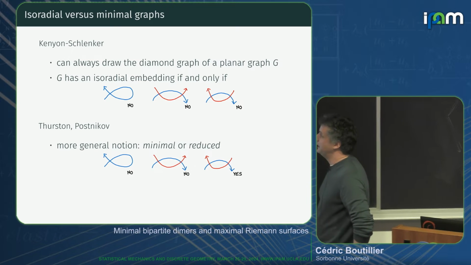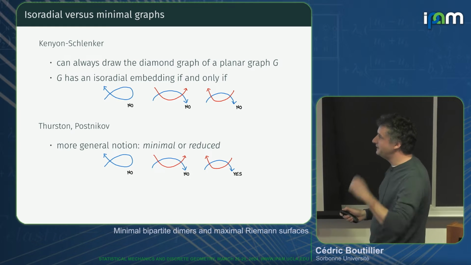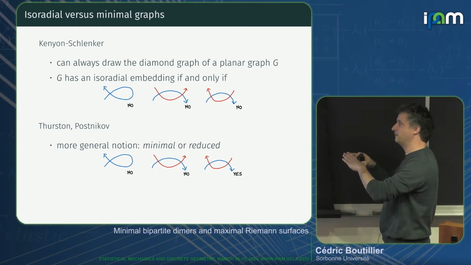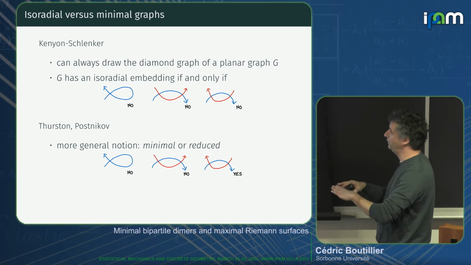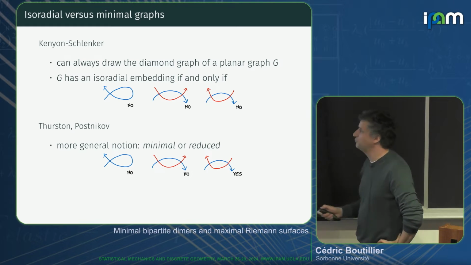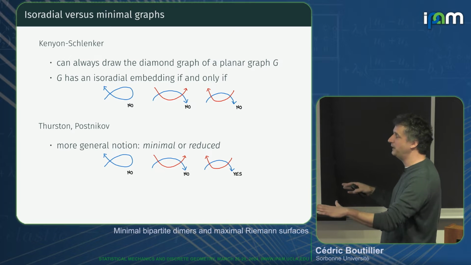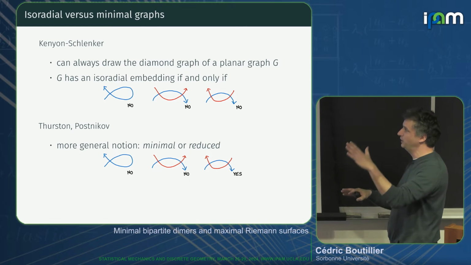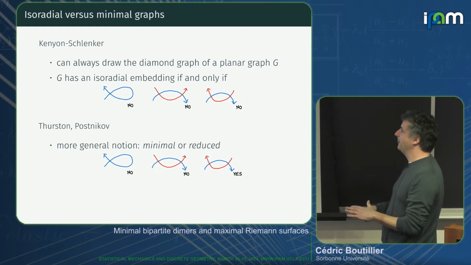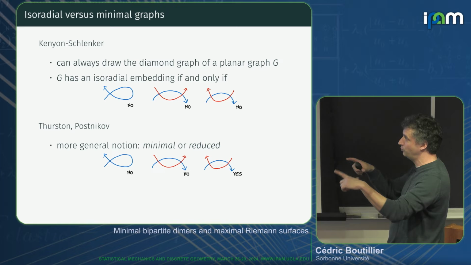So in fact, this isoradiality condition, which was a geometric condition on the embedding of the graph, can be translated as a topological condition on the graph. When you have a planar graph, you can always superimpose a graph on its dual and draw what is called the diamond graph, which would be the analog of this graph of rhombi.